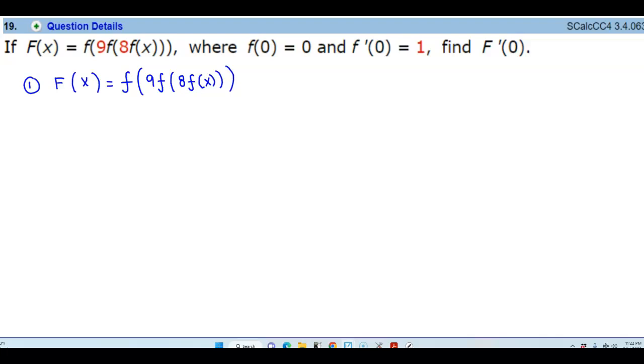Okay, so what we want to do is let's find F prime of x. So F prime of x is going to equal the following.